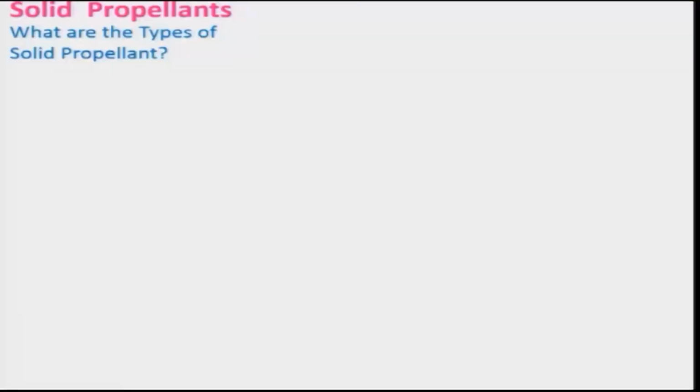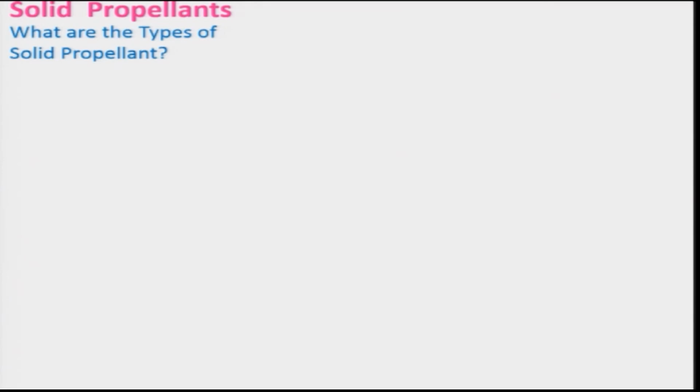As the name indicates, the propellant is in the solid phase, and it is used profusely for rocket motors, particularly for booster applications. The question arises, what are the types of solid propellants we can have?